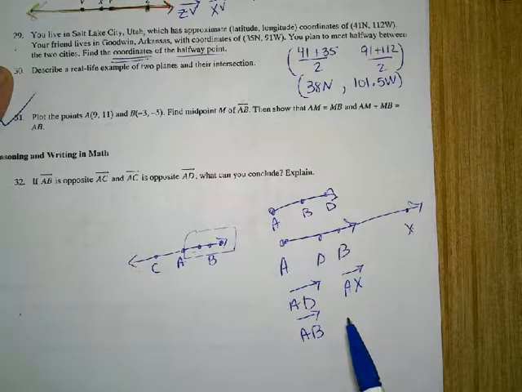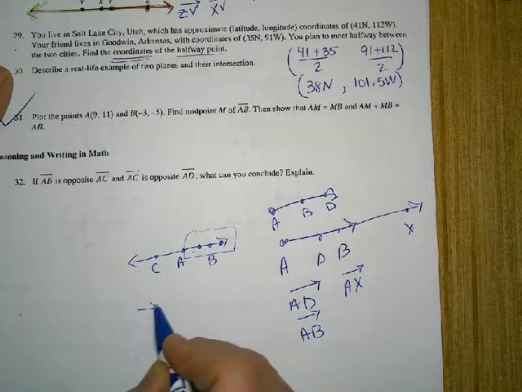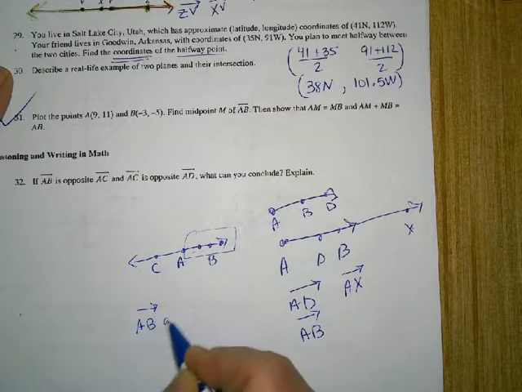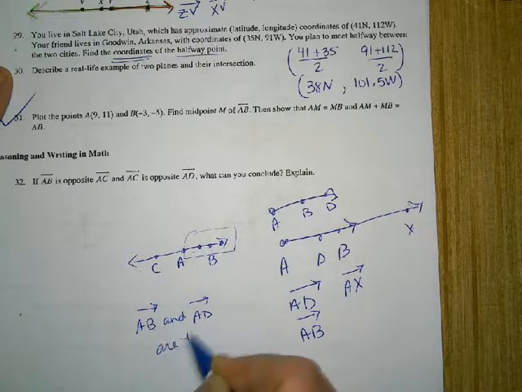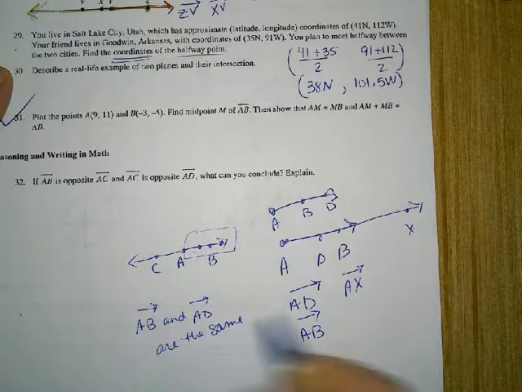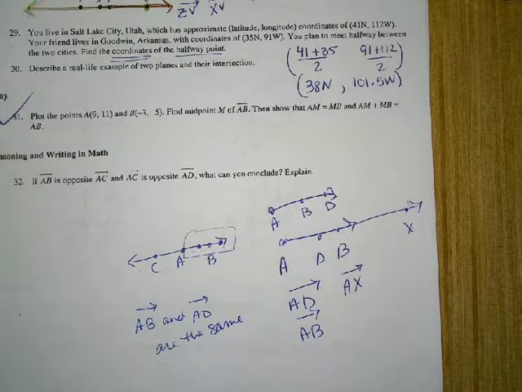What can you conclude? Ray AB and ray AD are the same. How are they the same? They're the same ray. You name a ray with a starting point, and then you give another point telling it which direction it goes. So if they've got the same starting point and they go in the same direction, they're the same.